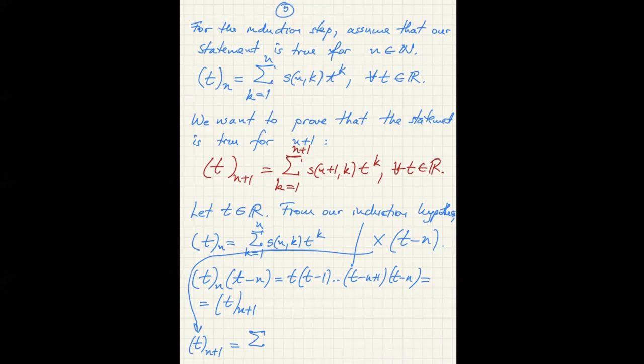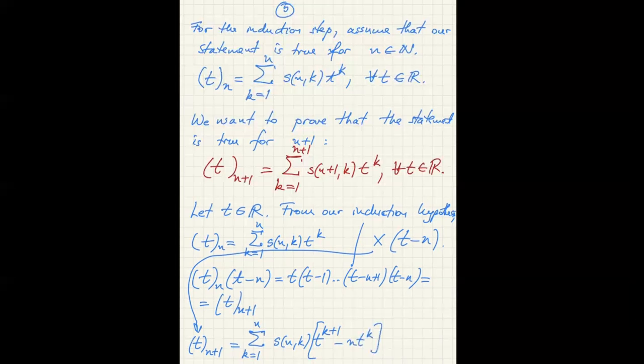So let me write this. It will be the summation from k equals 1 to n of S_{n,k} T^k. So let's just do the multiplication once. T^{k+1} minus n T^k.